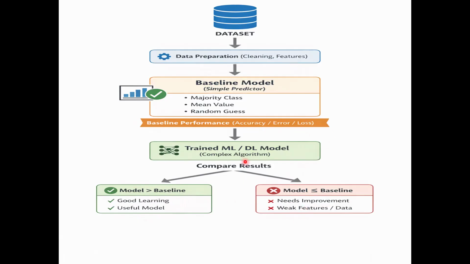Overall, the diagram emphasizes that a baseline model acts as the starting benchmark, and the success of any advanced model is judged by how much it improves over this baseline.